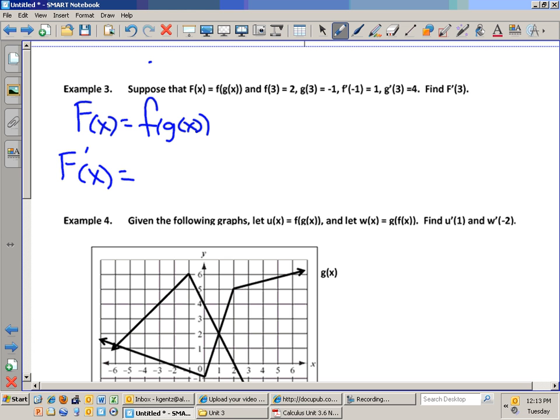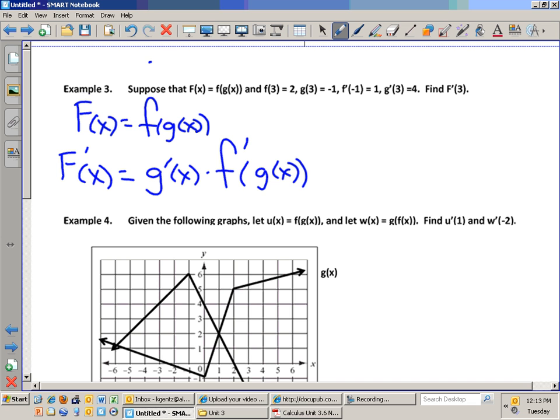So that's g prime of x times f prime of g of x. So that's what I need. Not too bad. What's g prime of x?